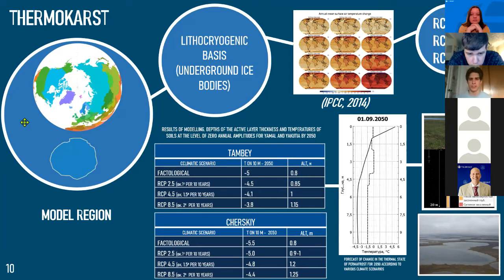I used different climatic scenarios from IPCC, and I modeled the temperature of permafrost and active layer thickness. I modeled it to 2015, with an ice body at 2 meters.